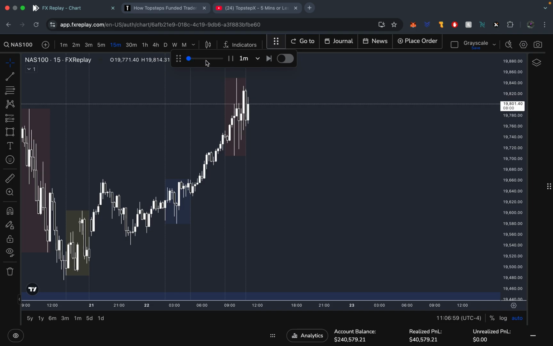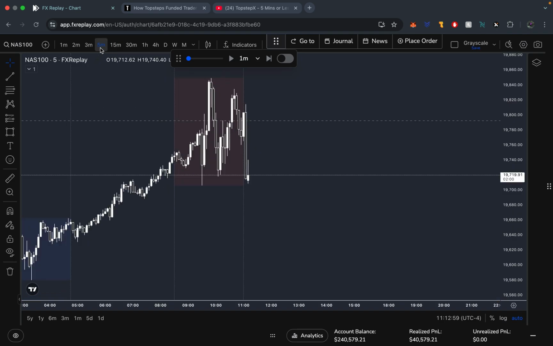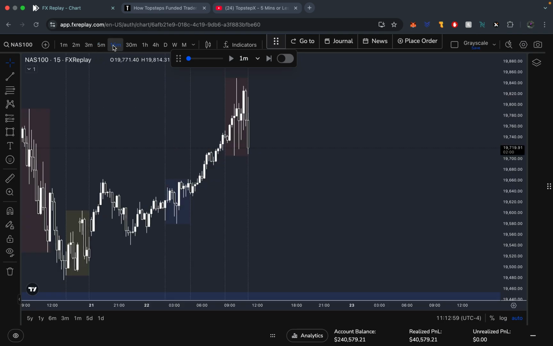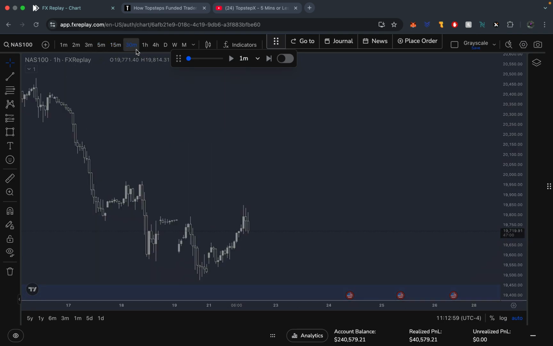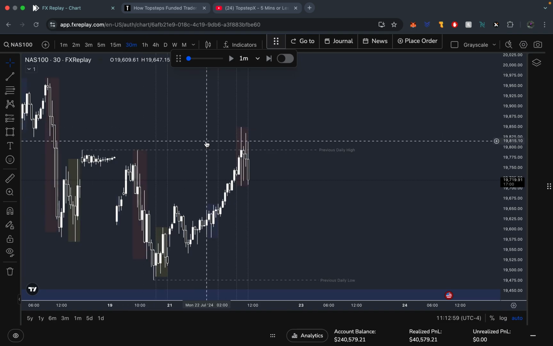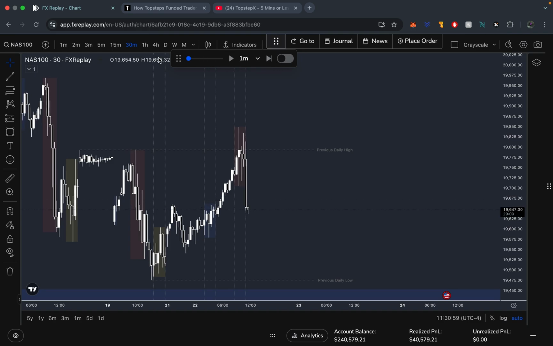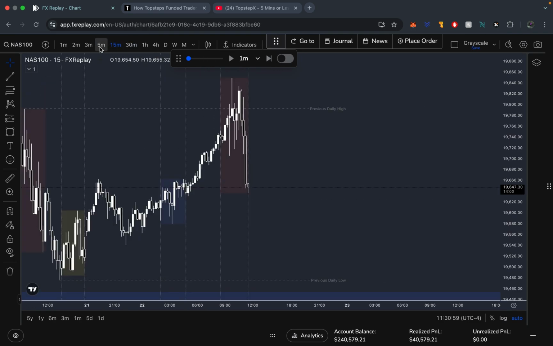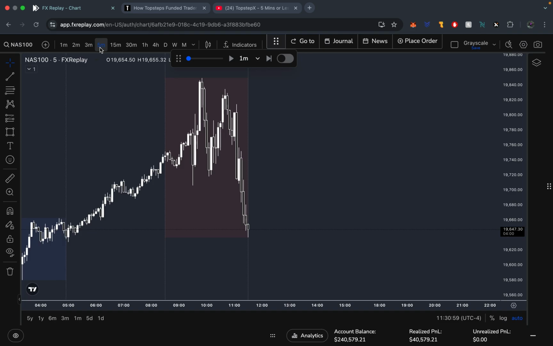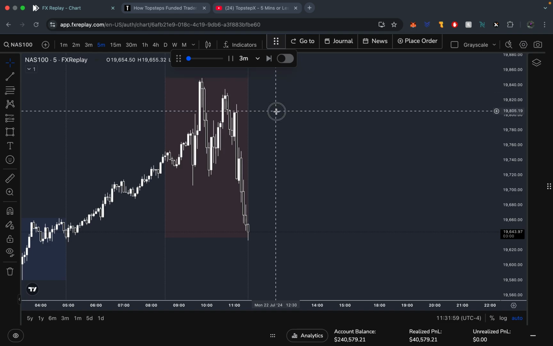Probably may come up a bit higher here. Right. So as you can see, there's nothing here so far. Price is pulling down. But yet again, still no setup. We'll put this in 3 minutes.